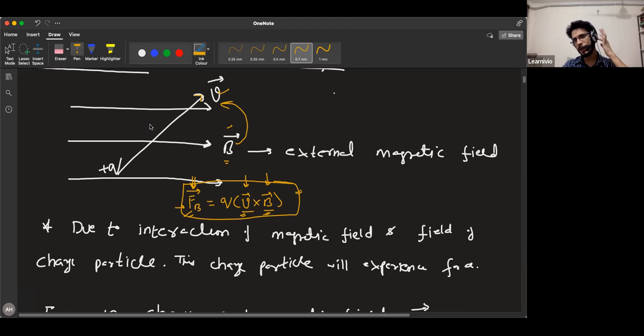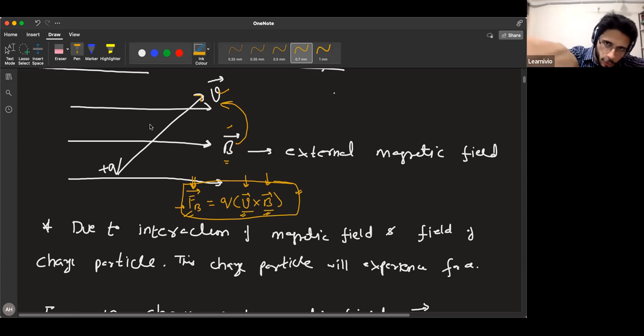Arpit is getting the right answer. Akshat is getting the wrong answer. Noha is correct. Yashika is correct. What about the rest? Sir, how do we do that, sir? Sorry? How are we supposed to place the finger? See, you place your finger along the velocity, in the direction of velocity. Nabil, it should go inwards along the velocity and curl it towards the magnetic field.